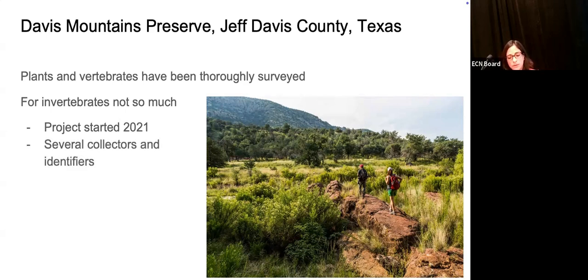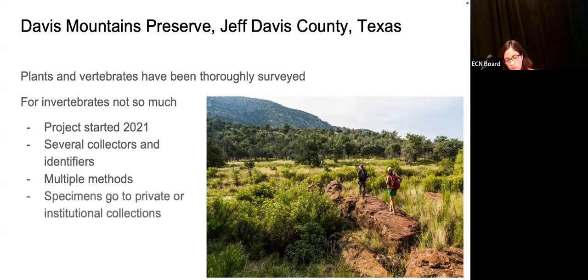So we have several collectors and several identifiers which come and go to the preserve whenever they have time and the preserve is open for visitors. And I guess we use multiple methods for collecting the specimens. Some of the traps are set up for a couple of weeks, and then they go and collect the samples.